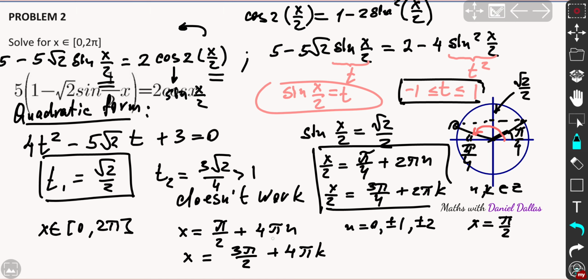It also doesn't work, because negative 4 pi plus pi over 2 is going to be beyond the range. So for k, 3 pi over 2 plus 4 pi k also works for only one value, 3 pi over 2. So that actually becomes the solution for our equation.